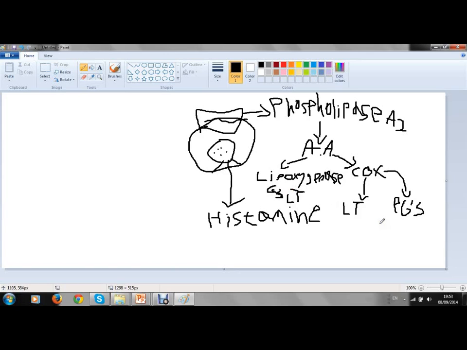So the idea is, when we first have irritation of a mast cell, the first mediator that will be released is histamine, because it's preformed, and later on, due to the enzyme phospholipase A2 being active and breaking down to arachidonic acid, and then being acted upon by two enzymes, cyclooxygenase and lipoxygenase, other mediators of inflammation will be released, but this will be later on because it takes time to synthesize them.